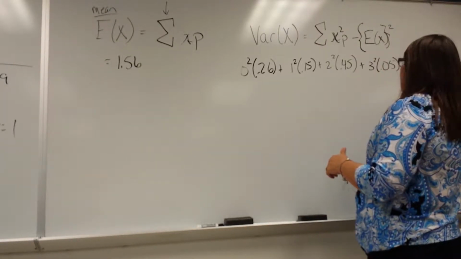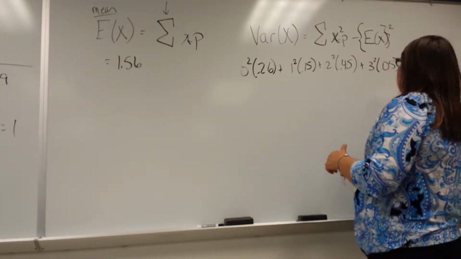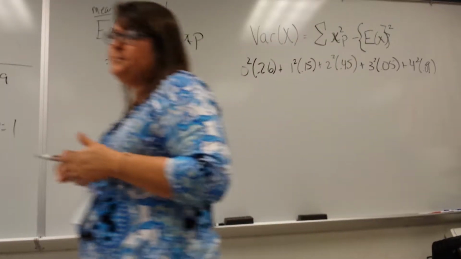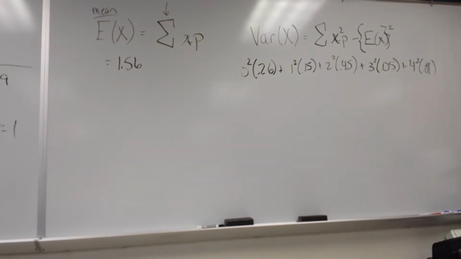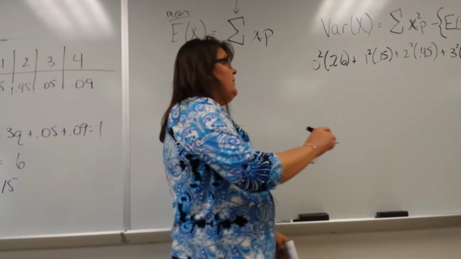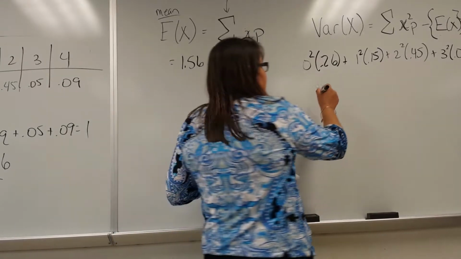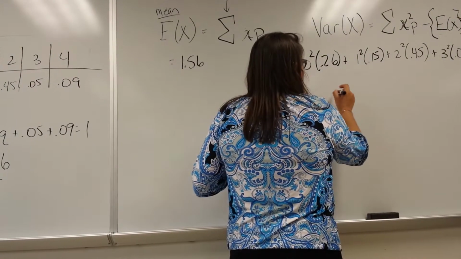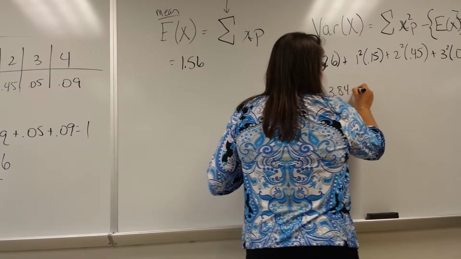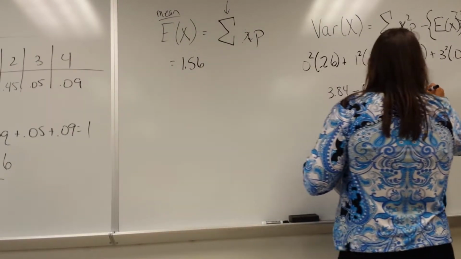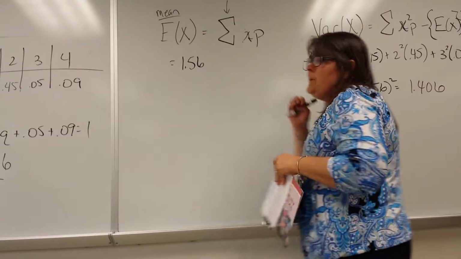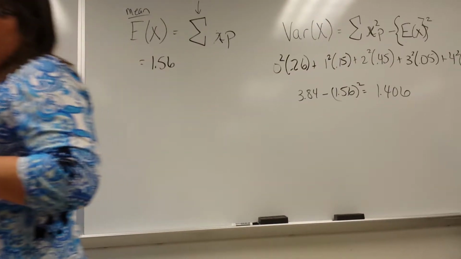Tracking this whole thing is not fun. I'd like you to work your math magic there. For the whole thing, minus 1.56 squared. So I got 3.84 minus 1.56 squared equals 1.4. We like to go 3 decimals out, depending.